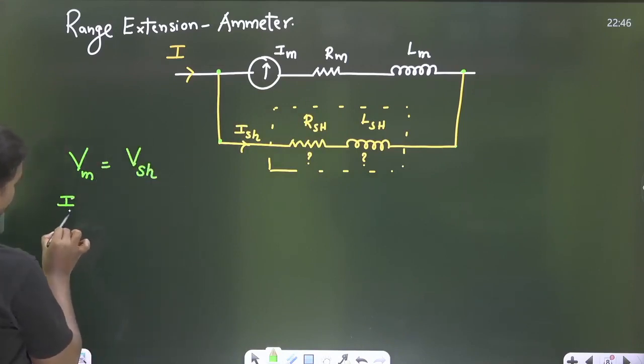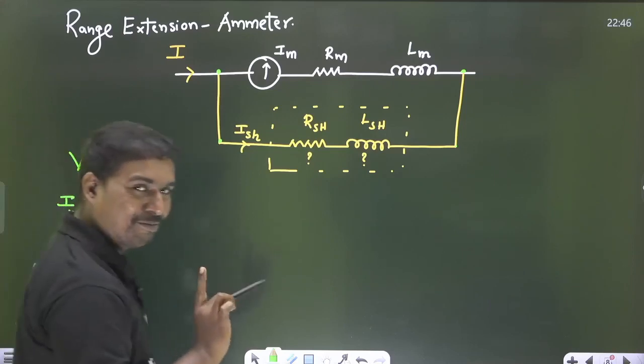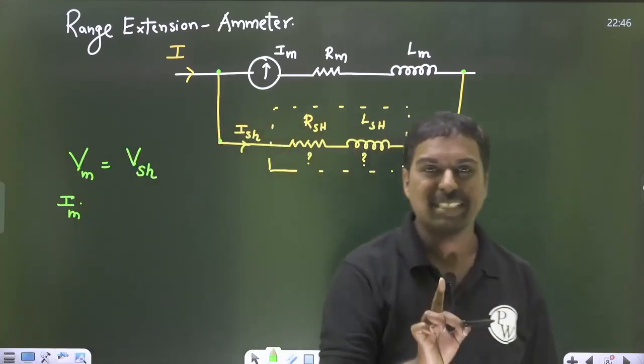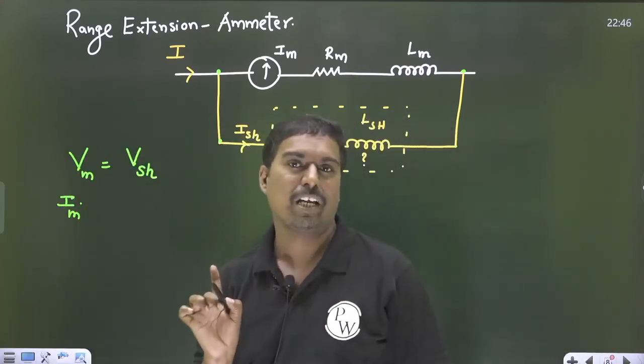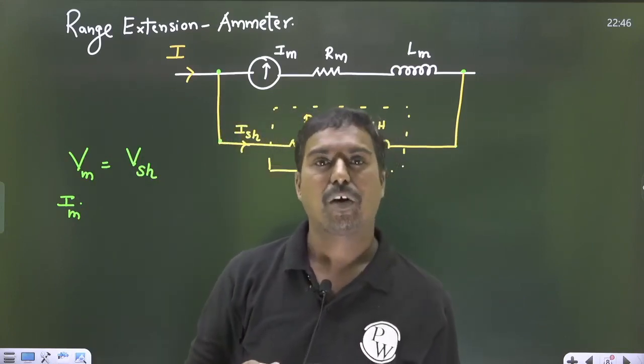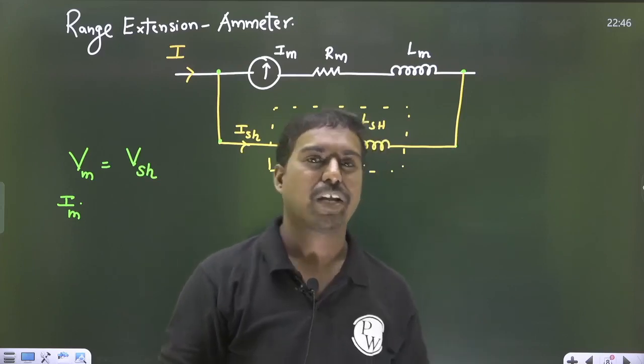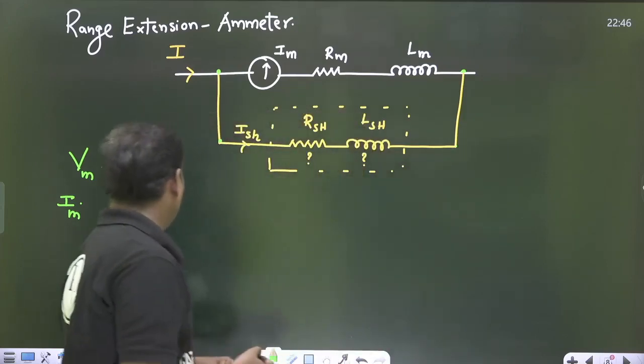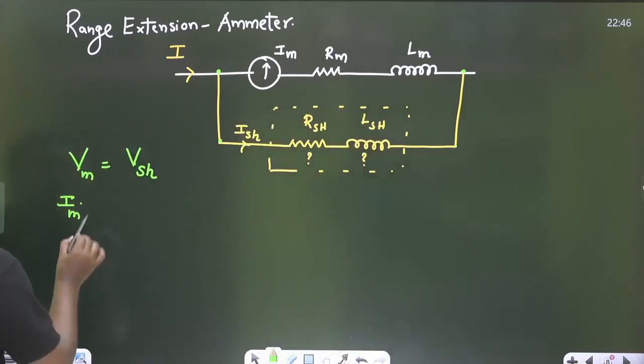So this is IM, but here not RM. In PMMC it is only DC type, so RM, that is a coil with only resistance. But here it is a wound coil, air cored coil. Okay? So here we are having some inductance. So we can write it as IM into ZM, right?